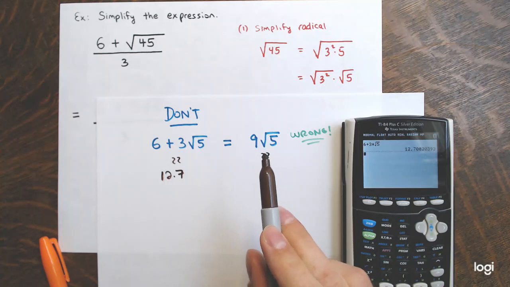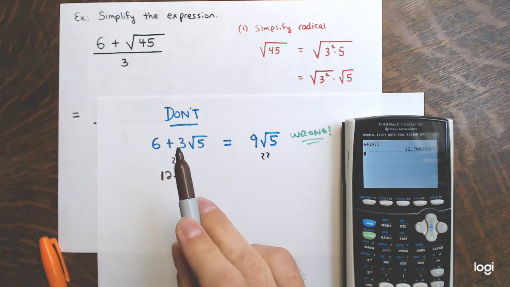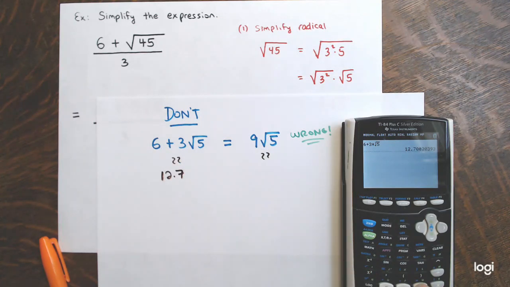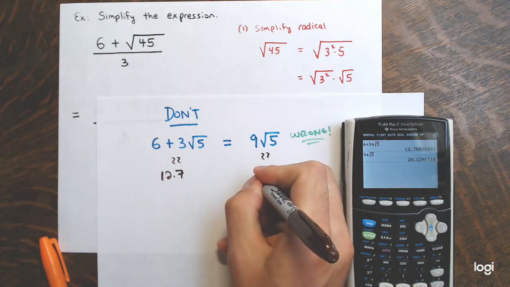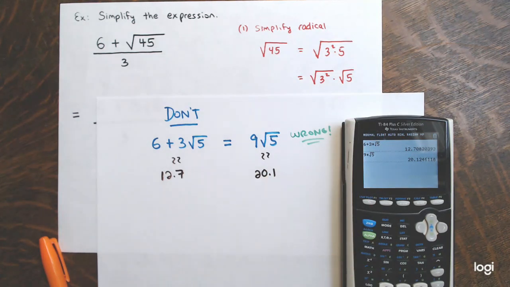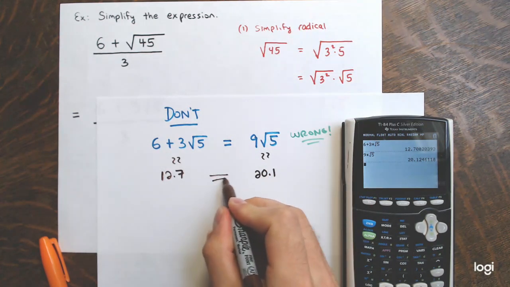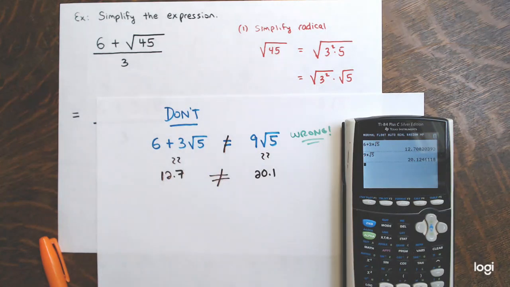The other side, if you decided to add the 6 and the 3 and say 9 times the square root of 5, that's approximately 20.1 to one decimal place. Definitely not the same. They are not equal.